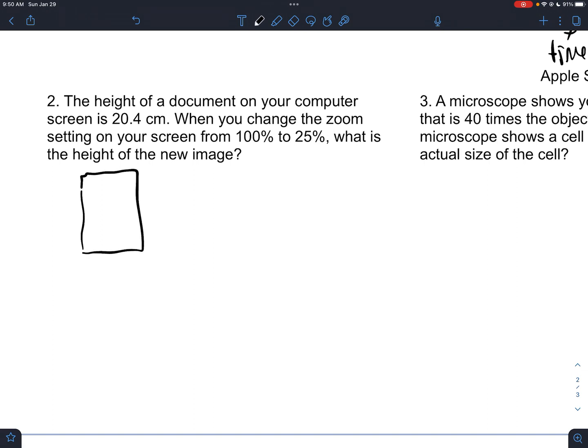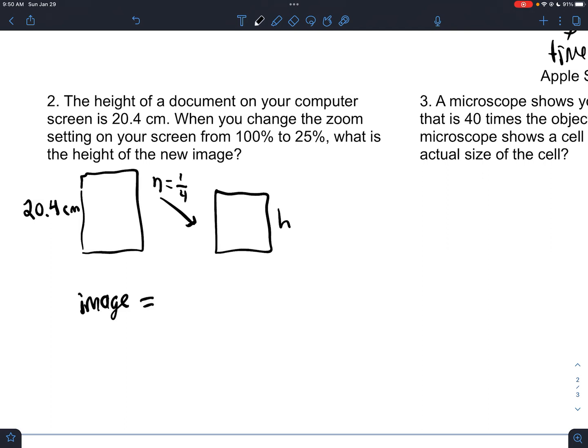Okay, if you have a document on your computer that is 20.4 centimeters tall, and you do this scale factor thing where it goes from 100% to 25%, it's asking what's the new height. That scale factor appears to be 1/4.